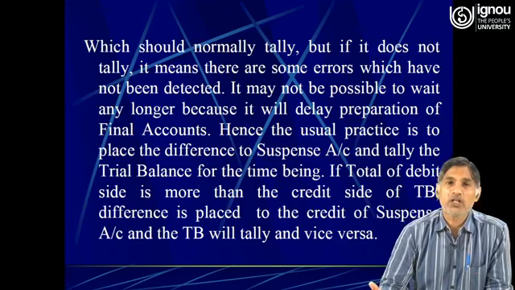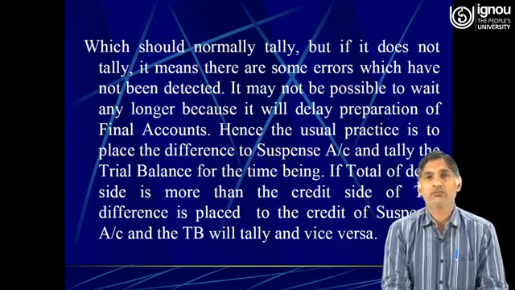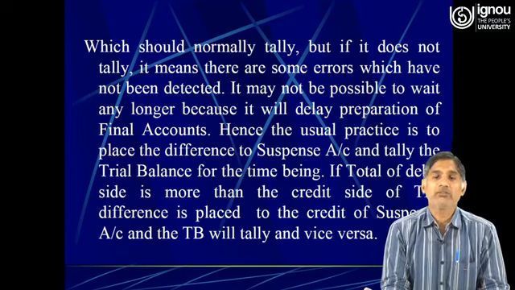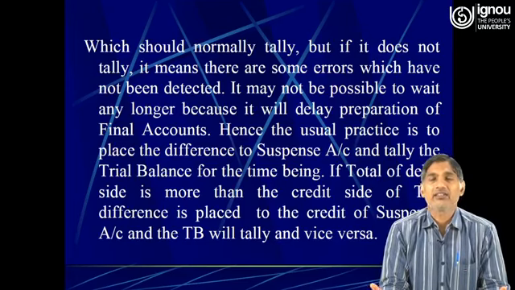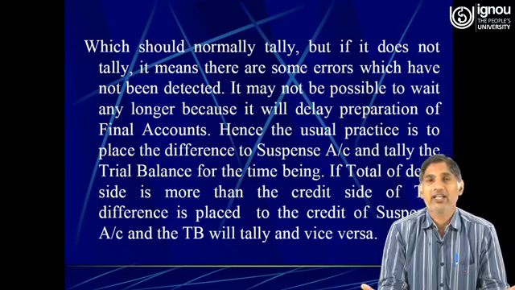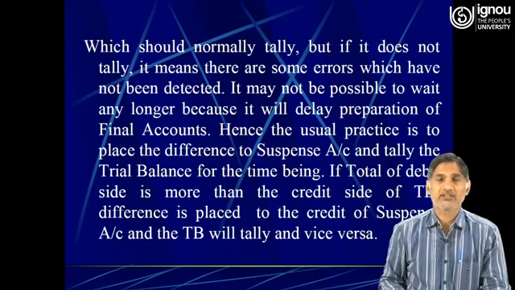Because if the total of debit side is more than the credit side, then in order to tally the trial balance, we will have to place the difference in the credit side of suspense account, and when there is a credit balance of suspense account, only then it will be written in the credit side of the trial balance, and then the trial balance is tallied, and vice versa.